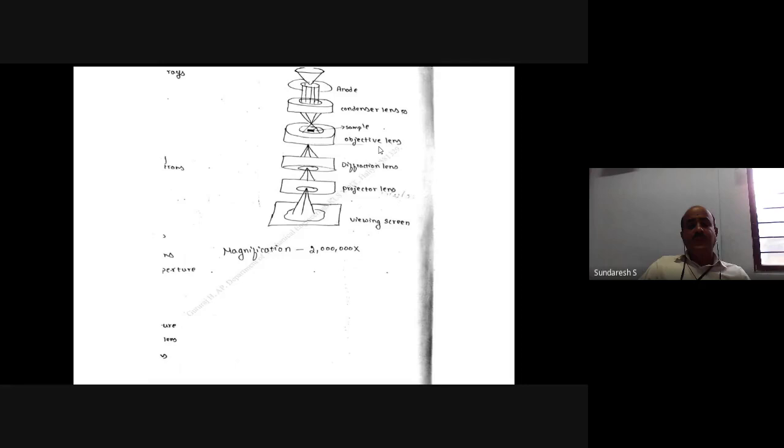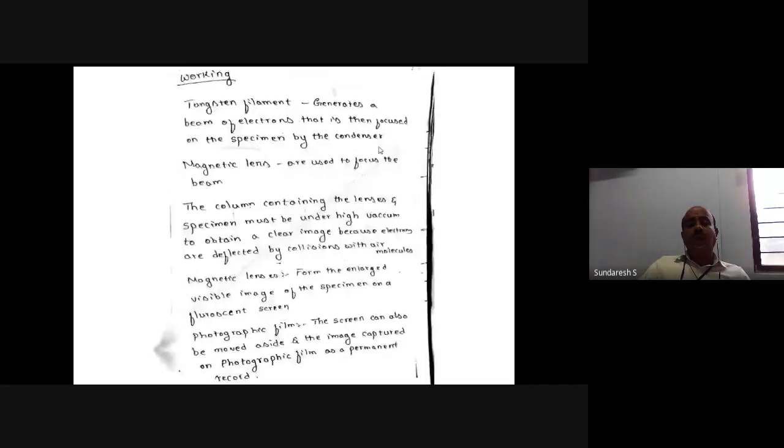So it can transmit to the depth of the atomic level, and it can get the information, which might be in the form of an image, or in the form of a diffraction pattern, or in the form of a nano analytical image. This is the working of a transmission electron microscope.